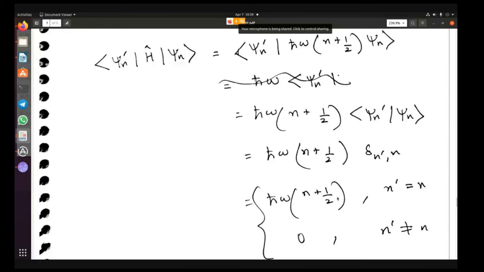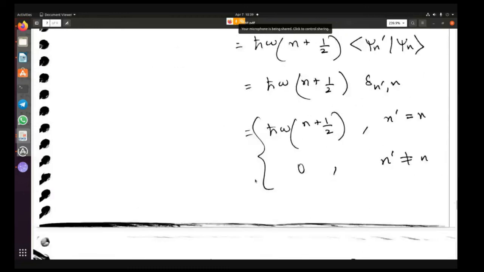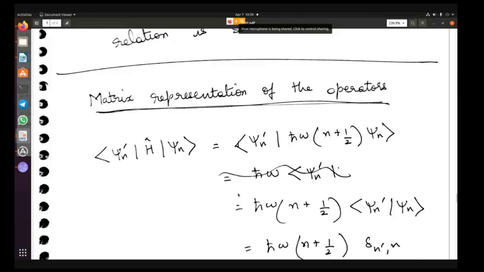So when you draw a matrix, let me see if I can make you understand.